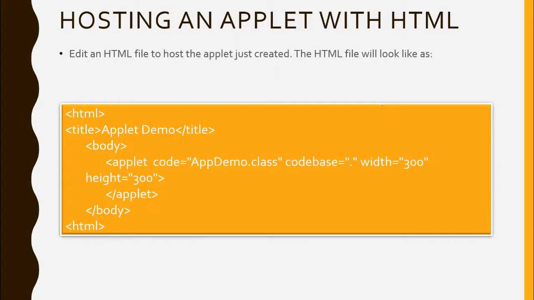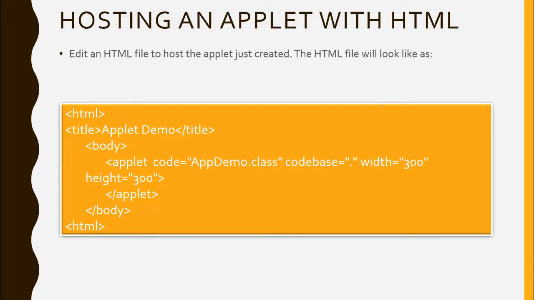Now once you have created an applet, the applet viewer runs using the .html file. The .html file need not have the same name as the applet demo class. I have used something similar, but don't worry about it.